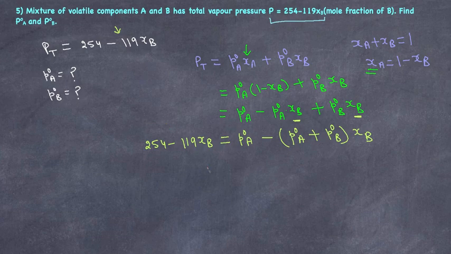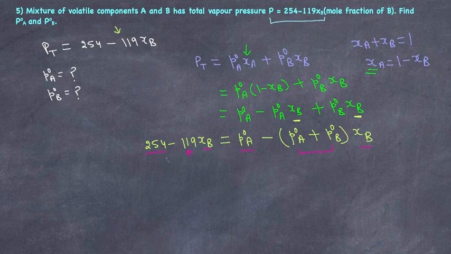Now if we look at these two equations, one on left hand side and other on right hand side, and compare the terms, so first term 254 is basically equal to P naught A, and then we got minus sign and minus sign, then we got XB and XB. So that means this P naught A plus P naught B is basically equal to 119.